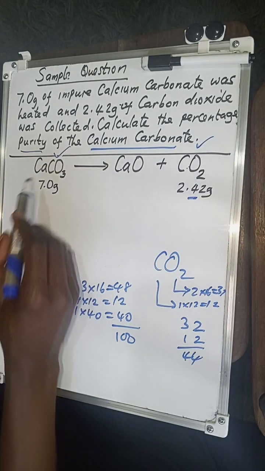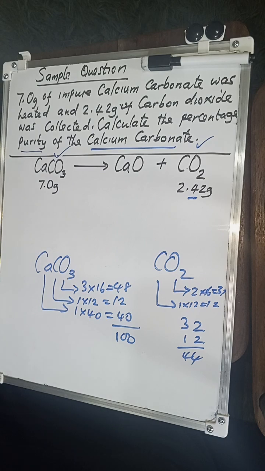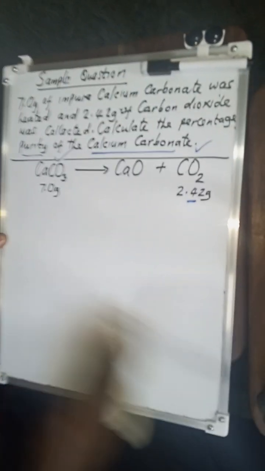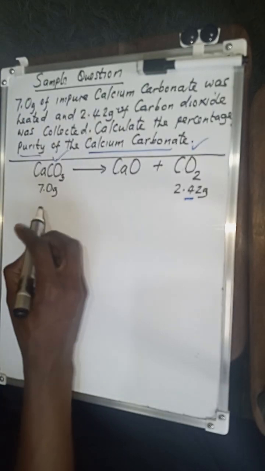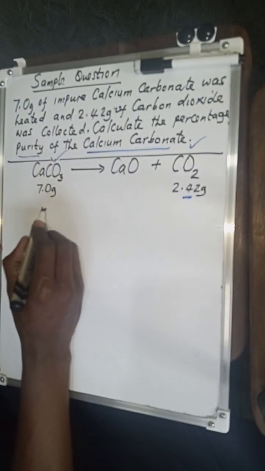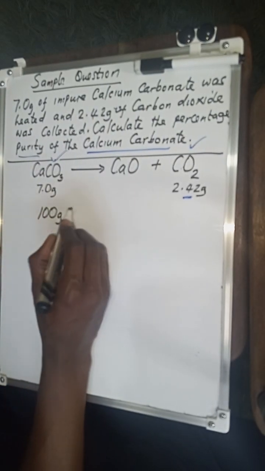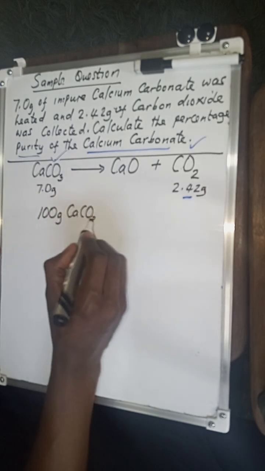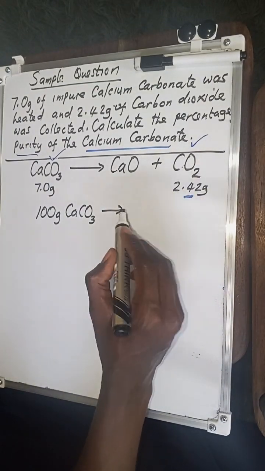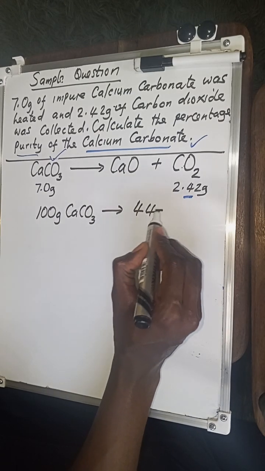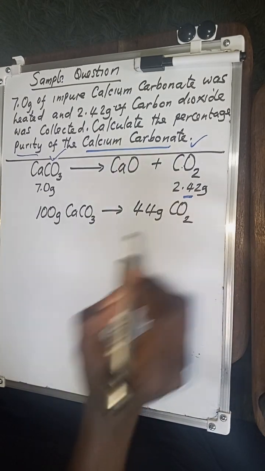All right. So from the balanced chemical equation, the mass of calcium carbonate is 100. So I'm going to say 100 grams of calcium carbonate produced what mass of carbon dioxide? Remember the molar mass we calculated for that is 44 grams of carbon dioxide.